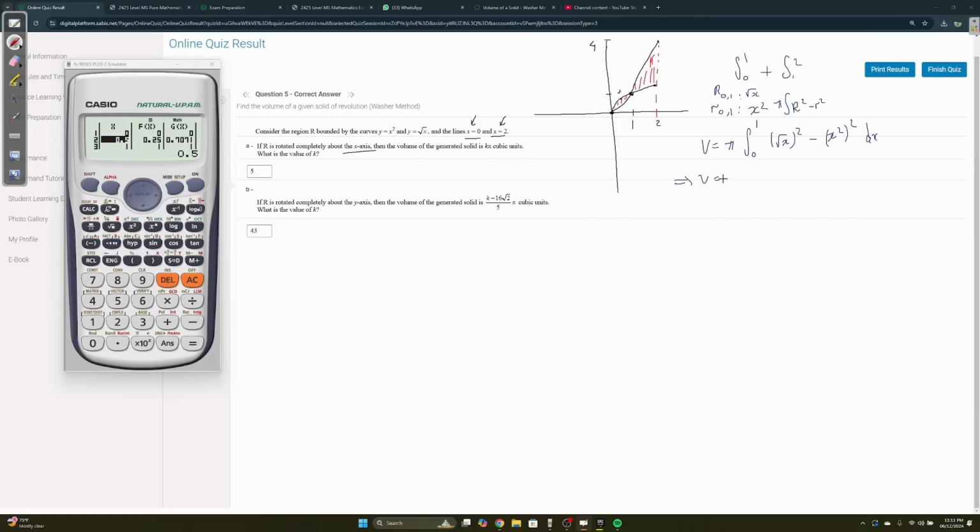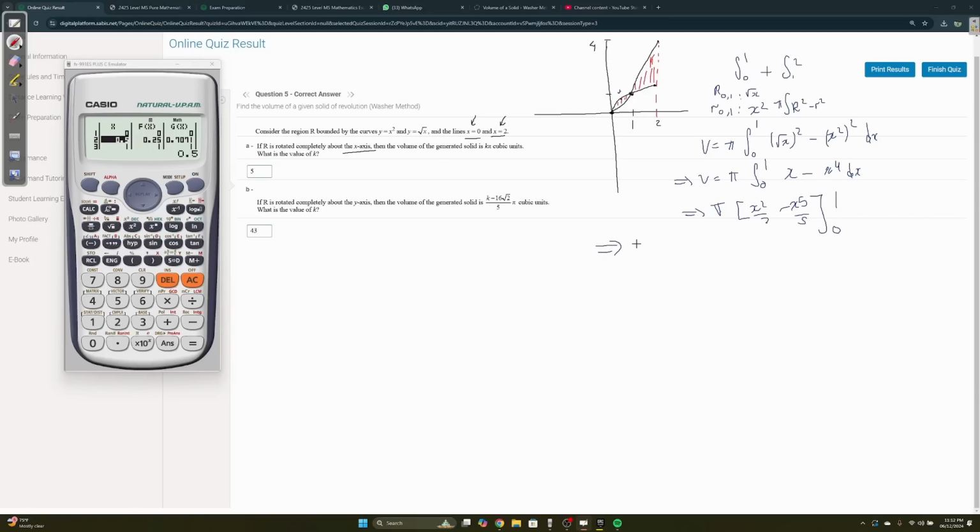So it's going to be, V is equal to pi, I'm going to go a bit faster, integral from 0 to 1 of x minus x to the power 4 dx, and integrate this, you're going to get pi, I forgot to integrate, x squared over 2 minus x to the power 5 over 5, in between our bounds 0 and 1.